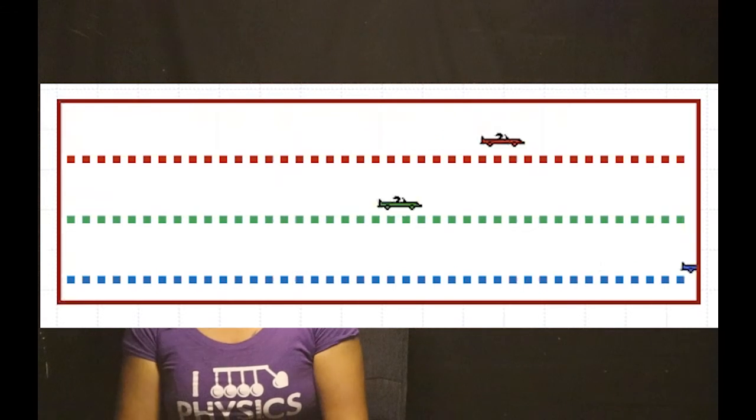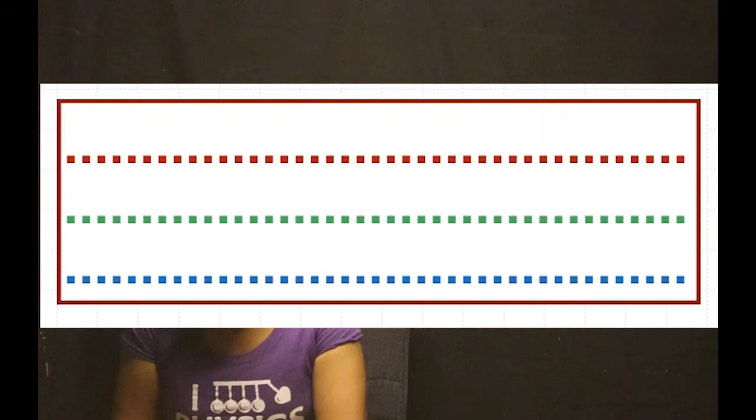This indicates the green car is in fact accelerating, but the blue car just beats everybody, right? That doesn't necessarily mean that the blue car is accelerating, right? It could just be going at a higher average velocity. But if we really take a look at that diagram, we can see that it's actually covering more distance with each frame.